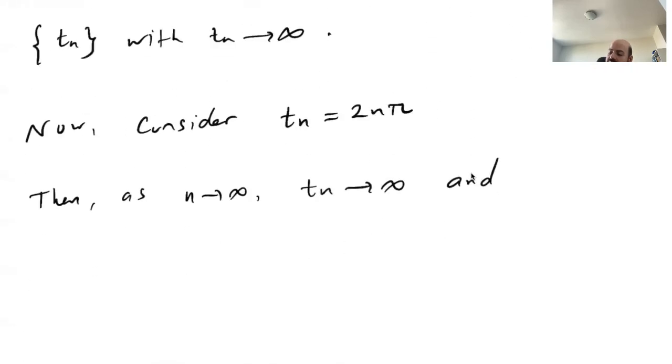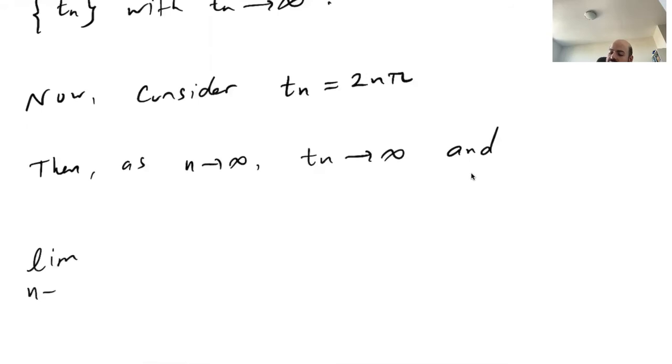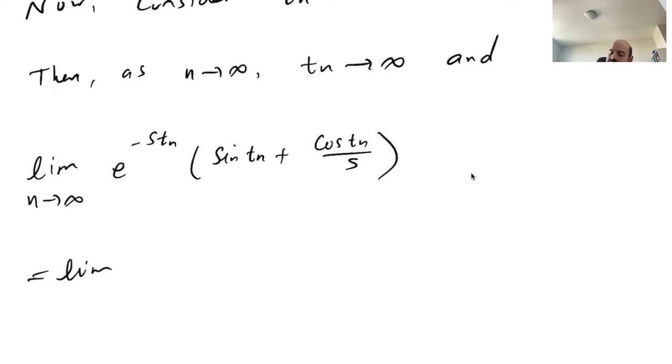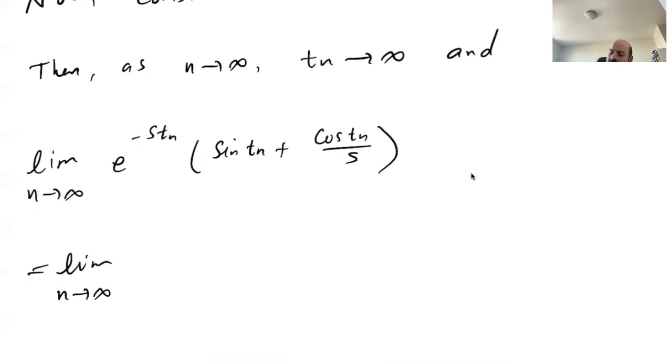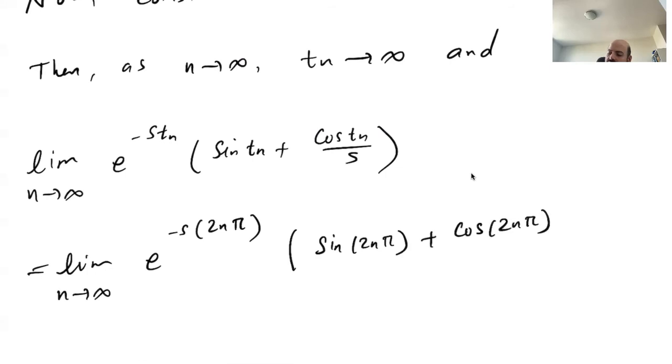The limit as n goes to infinity of e to power minus s Tn times sine Tn plus cos Tn divided by s will be equal to the limit as n goes to infinity of e to power minus s times 2n pi times sine 2n pi plus cos 2n pi, divided by s.